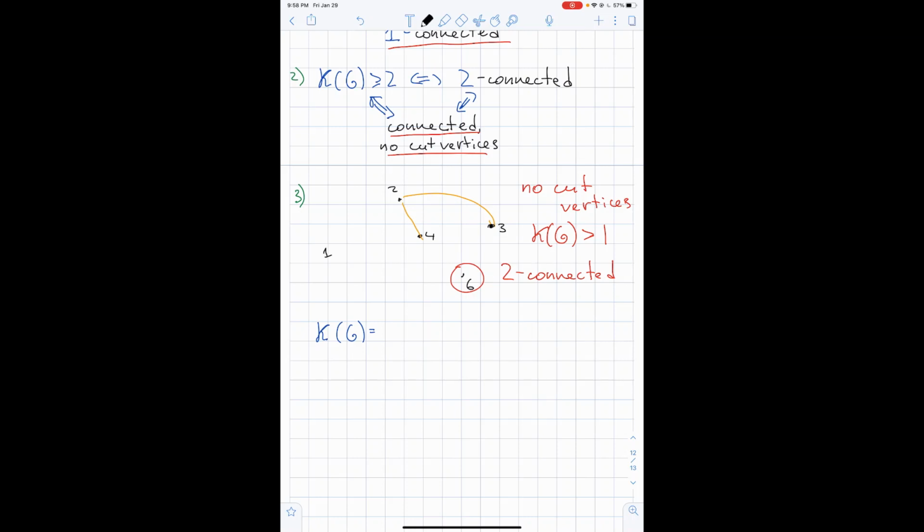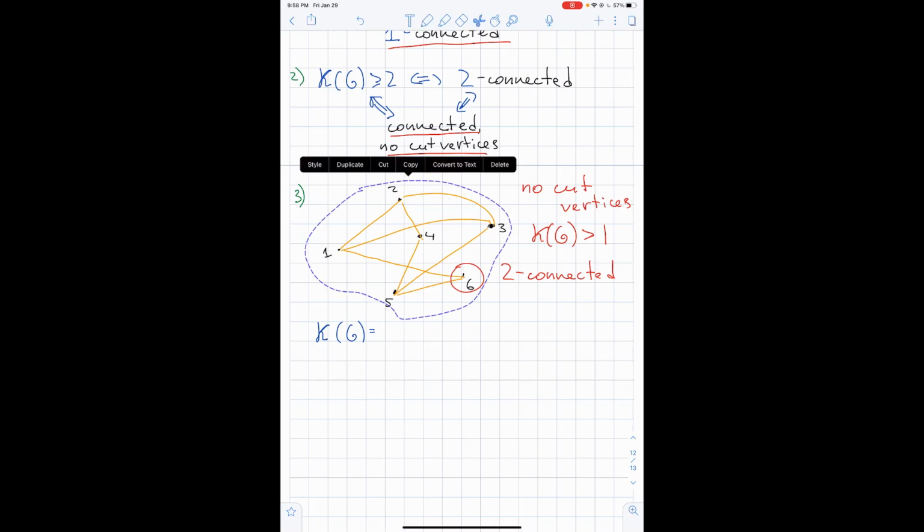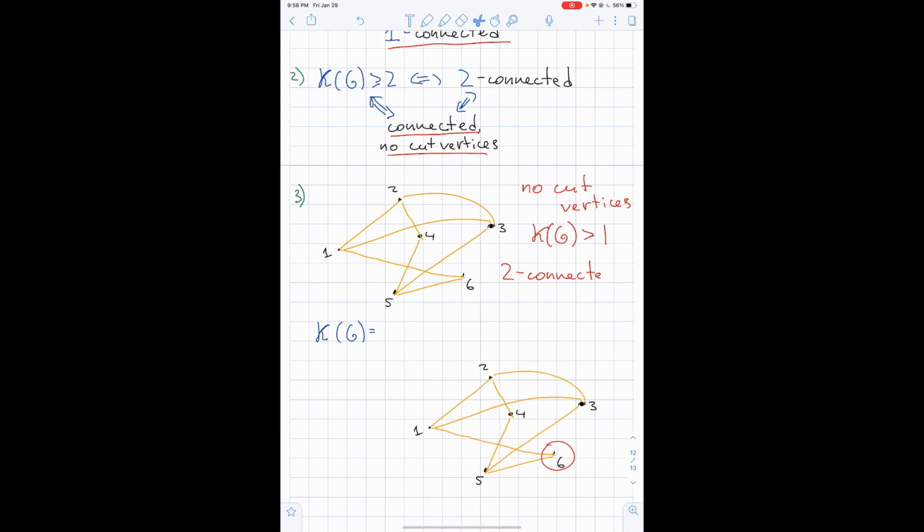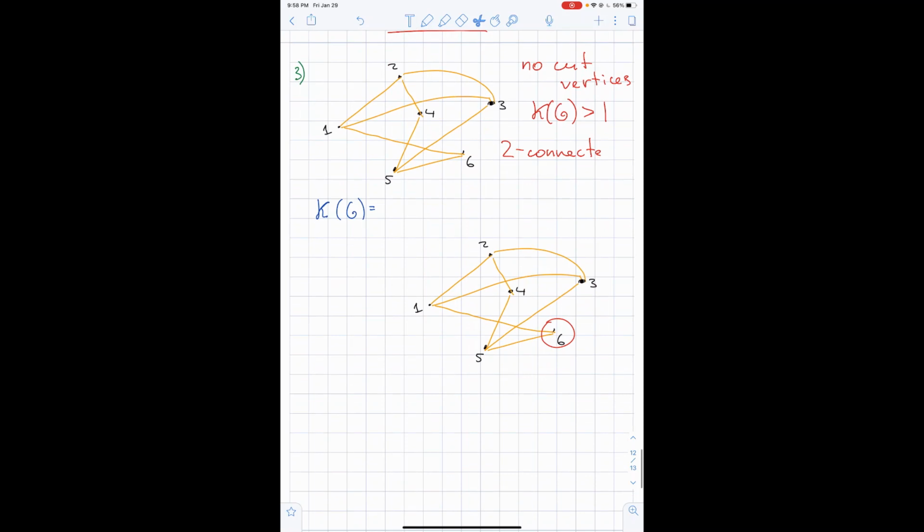So maybe, yeah, let me actually make a copy. Okay. Copy, and so if we remove vertices 1 and 5, so we take G and we remove vertices 1 and 5, then what we obtain is a disconnected graph.